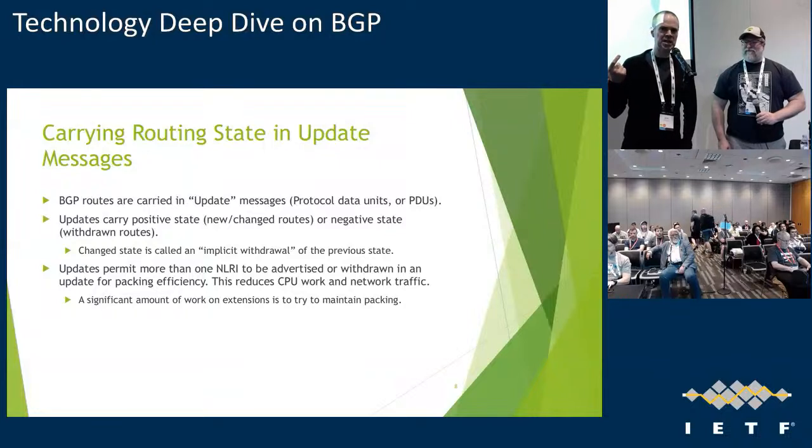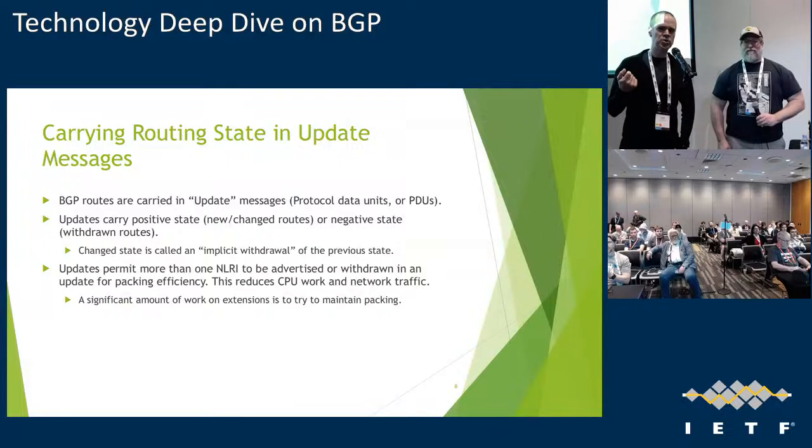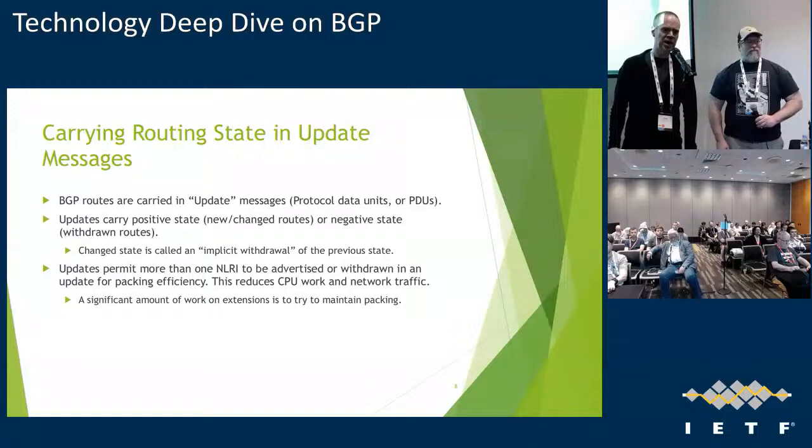A lot of the effort in building BGP extensions has to do with trying to make sure that you maintain packability, meaning that if you have multiple NLRI that all share the same set of attributes, you want to be able to gather them together in the same update message.